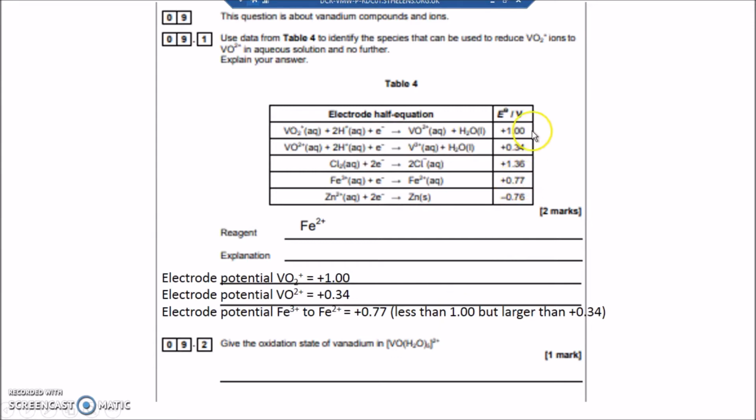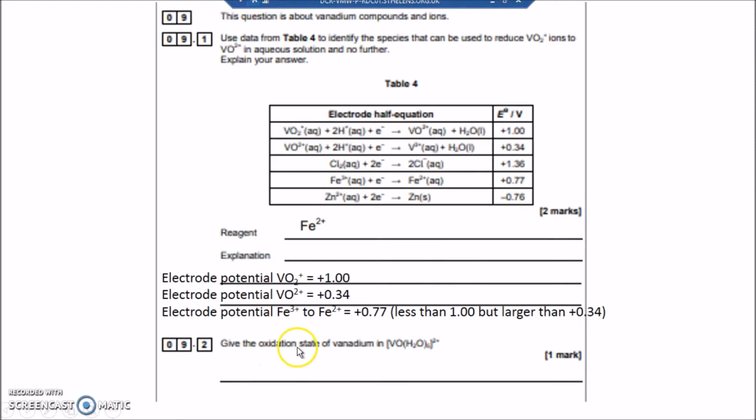So if you combine those two, 1 take away 0.77 is 0.23. So this top one goes ahead. But 0.77 is larger than plus 0.34. So if you reverse it around the other way and it becomes minus 0.77 plus 0.34, you're going to get a minus 0.43. And that's not going to go ahead.